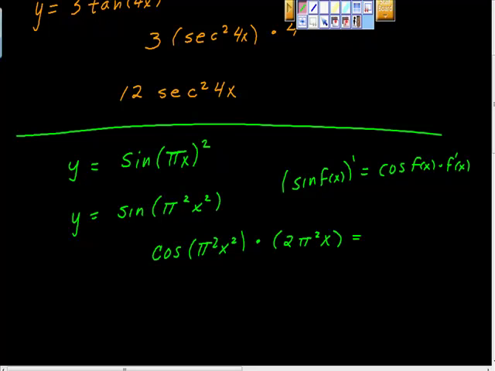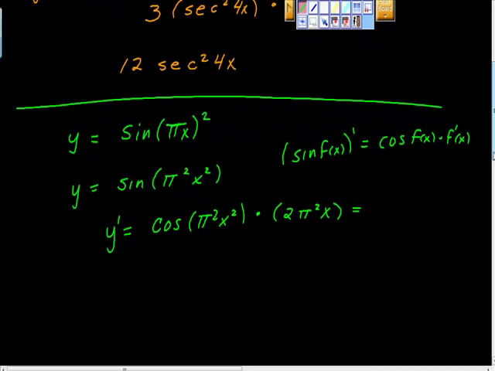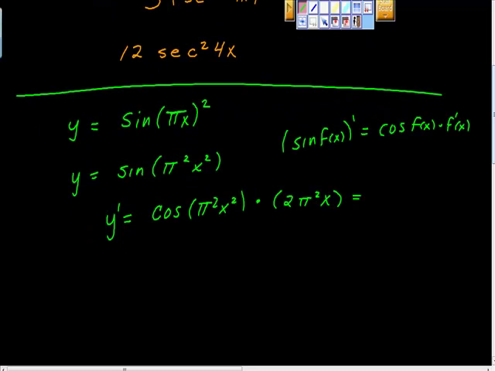So we're almost finished here. So y prime is equal to this. Simplify a tiny bit, and our derivative, y prime, will be equal to 2 pi squared x cosine. I'm going to bring this thing back out just to clean it up a little bit. Pi x squared.